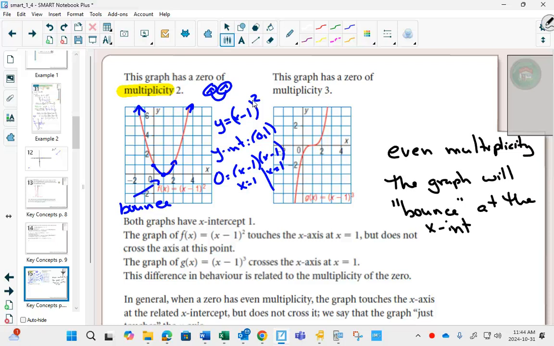Now we can do the same thing with (x − 1)³. x minus 1 cubed really means x minus 1, x minus 1, x minus 1. But from your transformations unit, does it make sense that this is just an x cubed graph moved 1 to the right? Its x-intercept is at 1.